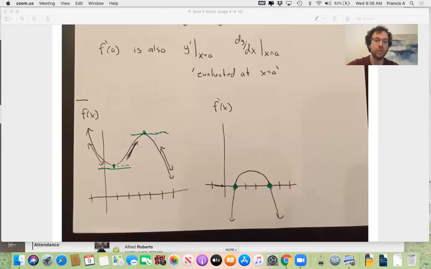The value of the slope is 0, so those are the output values of the derivative. So even though the function is above the x-axis here, we're not looking at how high the function is, we're just looking at what the slope is. And so the fact that the slopes are 0 at these 2 points says the derivative is 0 at these 2 points. Does that make sense?